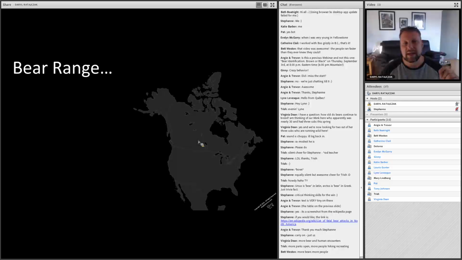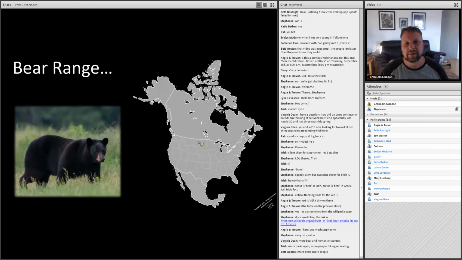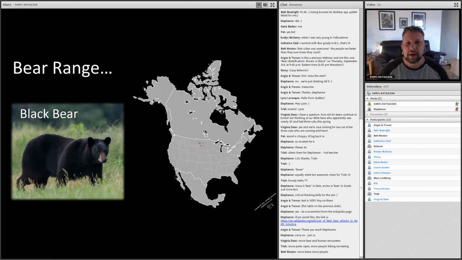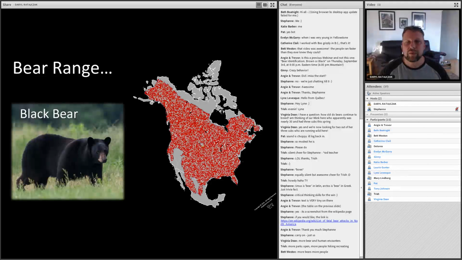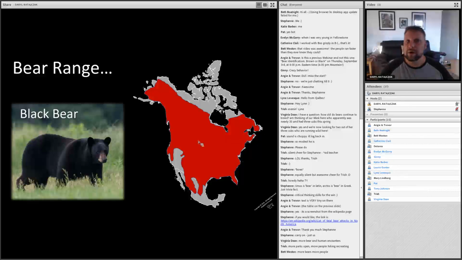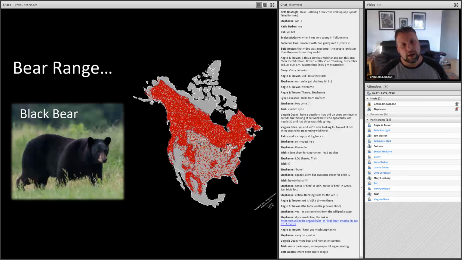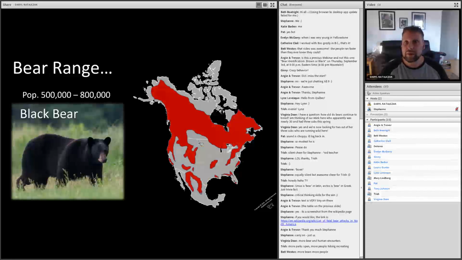And so if you look at where these bears are found, let's go over that bear range. So talking about black bears first, obviously we know before the Europeans came to North America, black bears were found all over the continent. Almost every single place had black bears. Unfortunately, we don't live well with wildlife, and their range has been beaten back.